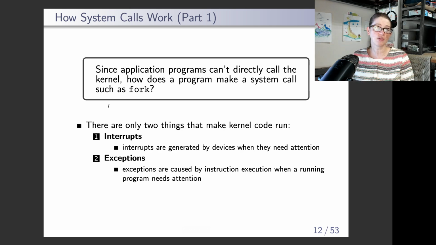Actually, you've had the answer the whole time. The only two things that can cause kernel code to run are interrupts and exceptions, aside from boot, of course. So we already know about interrupts.